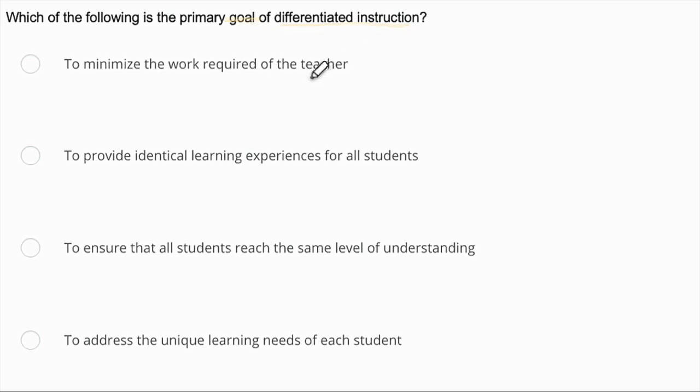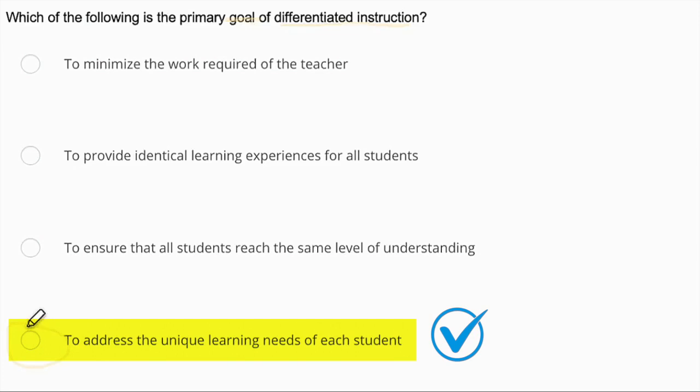After reviewing our four answer choices here, we arrive at the correct answer being to address the unique learning needs of each student. The most important thing when we're looking at practice problems like this is understanding the why behind the correct answer. For this particular problem, the correct answer is that differentiated instruction ensures that each student has their unique needs met.